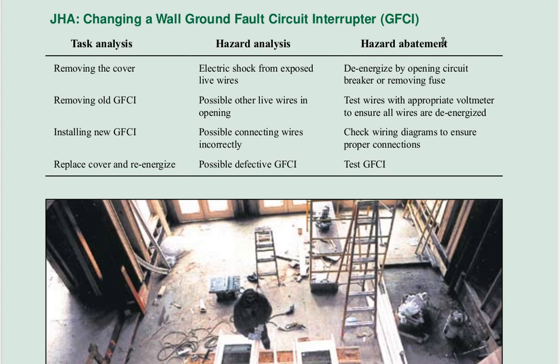Now, if the current going out is a little higher than the current going back in, generally, if there's a difference of 5 milliamperes, then an electronic circuit inside the GFCI will detect this difference and trip. That means it cuts off the current, and it does this within 1/40th of a second.